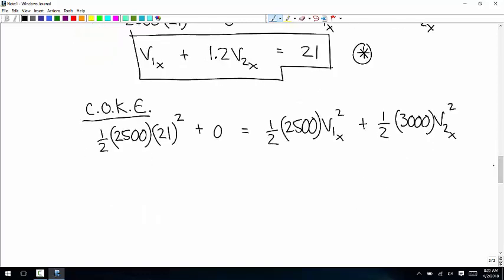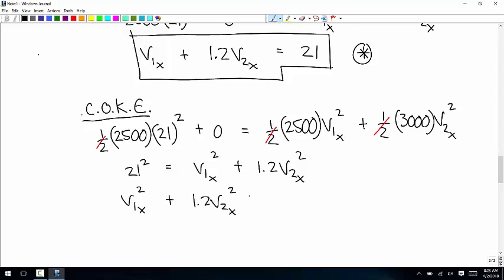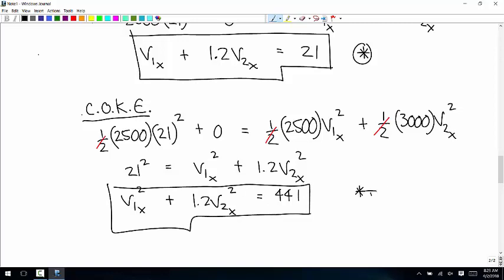We can cancel all the halves, divide everything by 2,500, and you get 21 squared is equal to v1x squared plus 1.2 v2x squared. What's 21 squared? 441. Okay, that's equation 2 star.